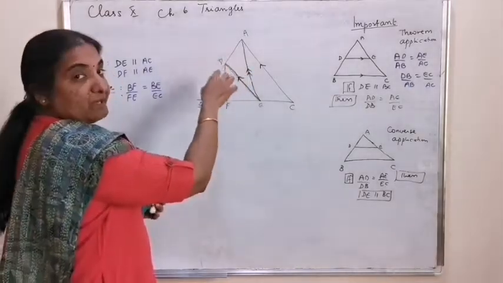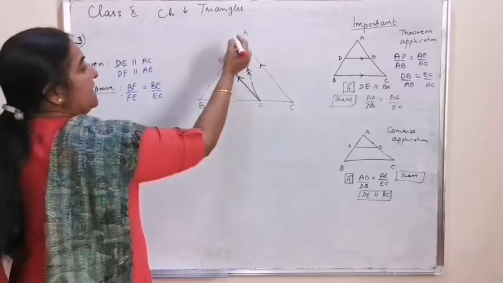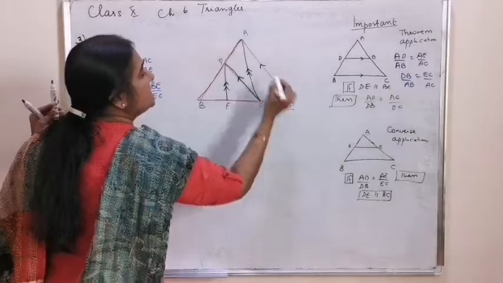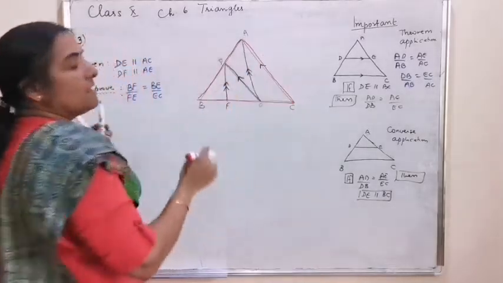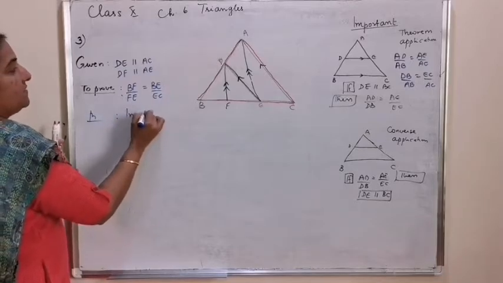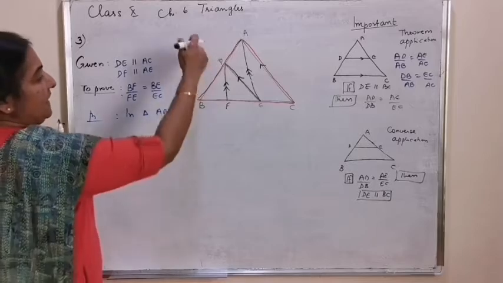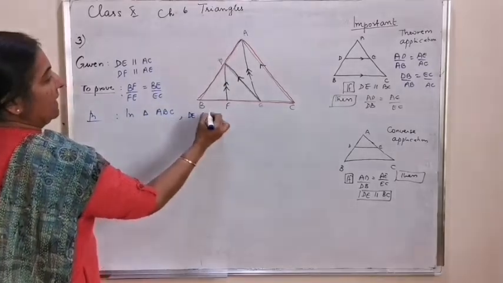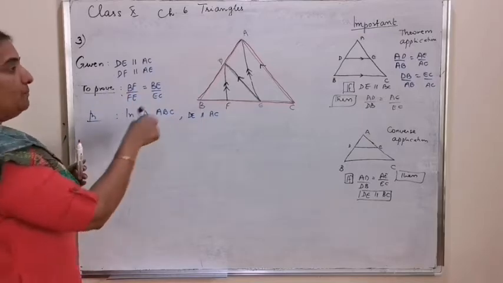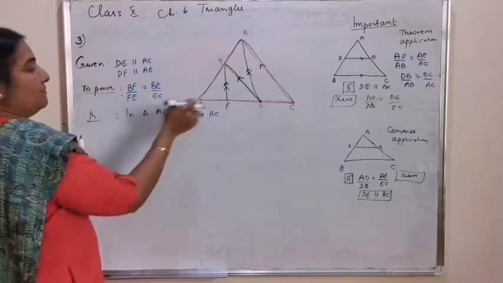The first pair of parallel lines is DE parallel to AC. So the triangle is the bigger triangle ABC, because that's the only one with base AC. So the proof starts with: in triangle ABC, the line parallel is DE parallel to AC.